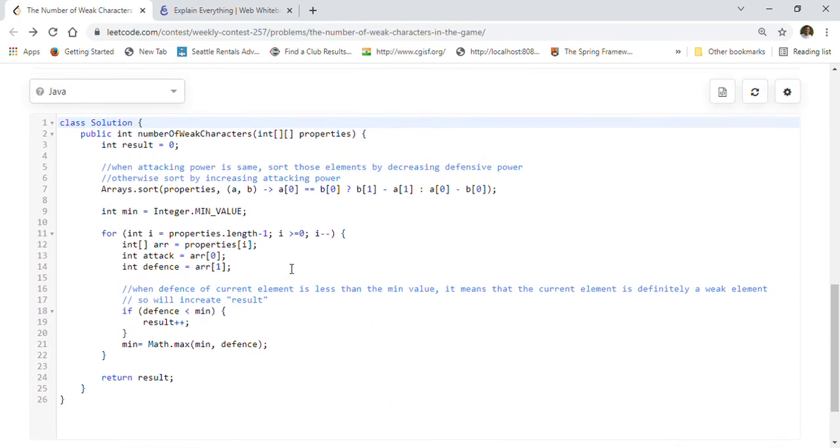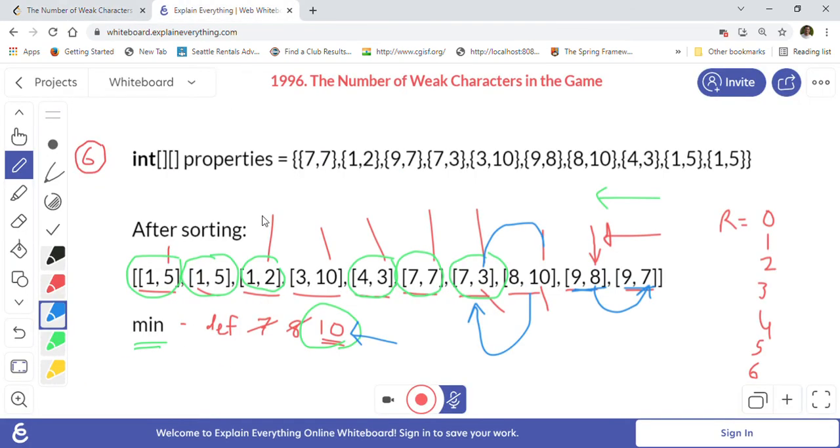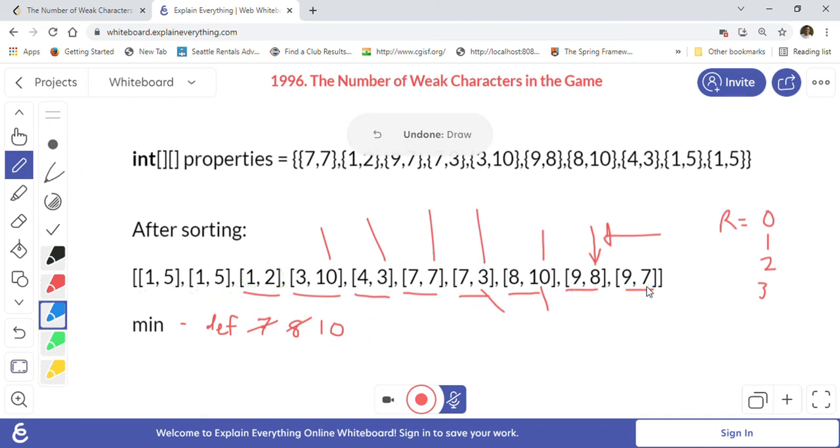The most important part here is to understand the way we have to sort the array, and then we just use that min variable to keep track of the minimum defense, right? Let me remove this and reuse this space.